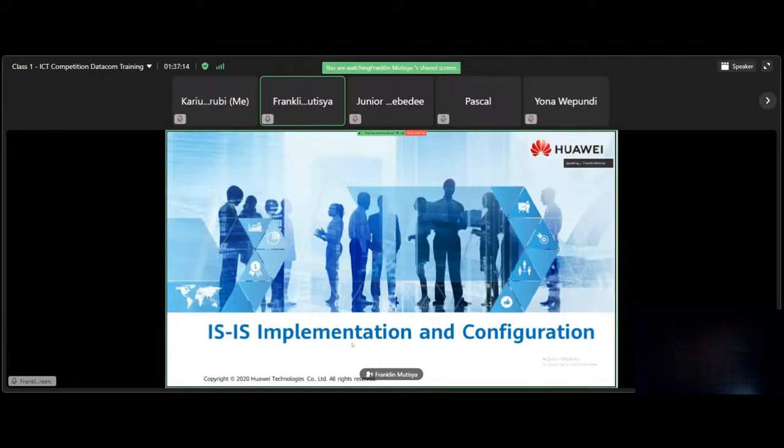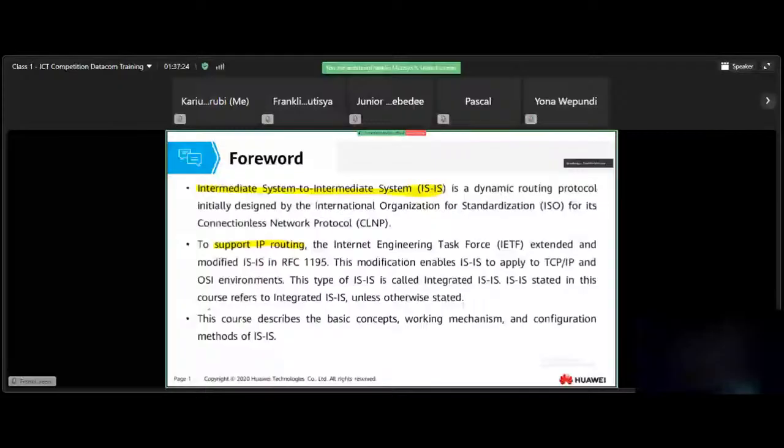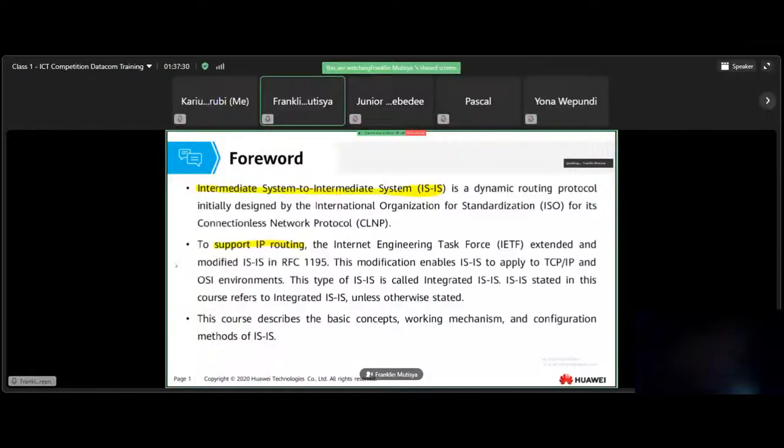ISIS is another similar protocol, which is also an IGP, an integrated protocol. It is also link state, so it works based on link state advertisements, similarly to OSPF.